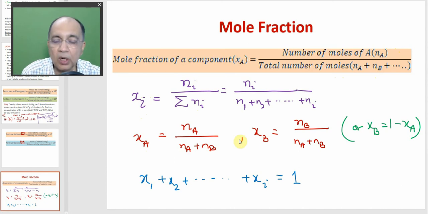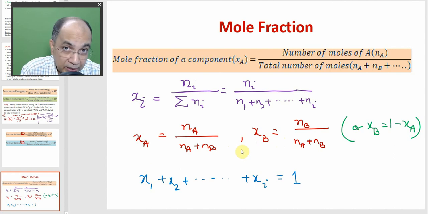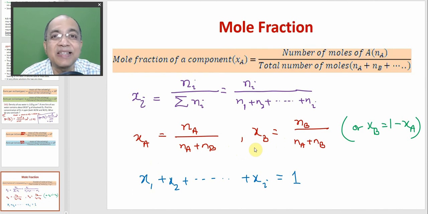Supposing there are two components in a liquid mixture, and that too we are talking of an aqueous solution, and there are two components, one is liquid, the other one may be solid, or gas, or another liquid. But here we are not dealing with gas liquid mixture. We are keeping it reserved for a separate class. It is either liquid or solid liquid, right? So the mole fraction of component A is XA, the number of moles of A by total number of moles of A and B. Similarly, the mole fraction of B is the number of moles of B by the total number of moles.